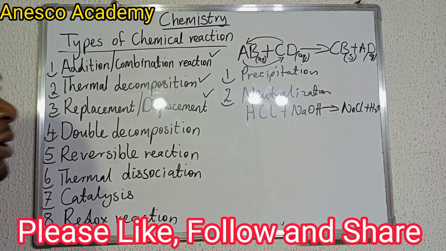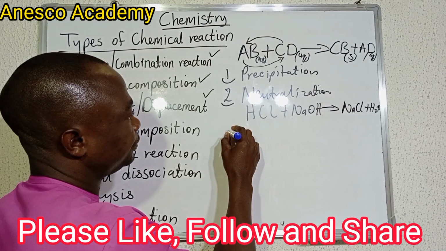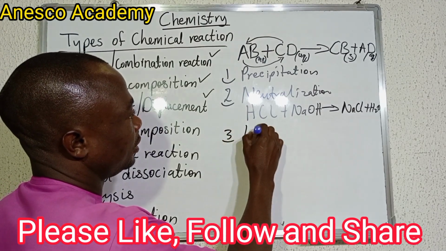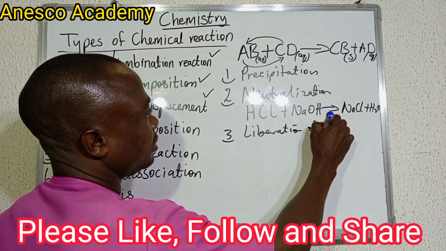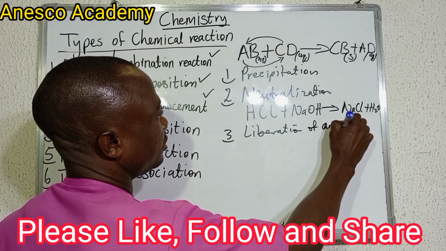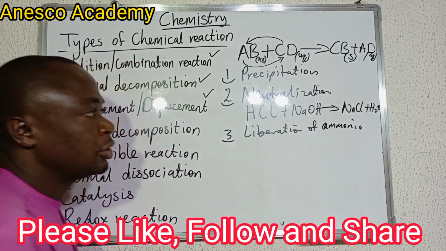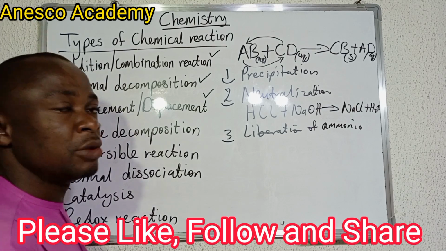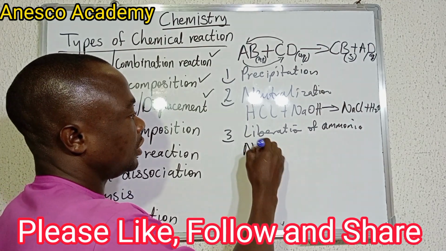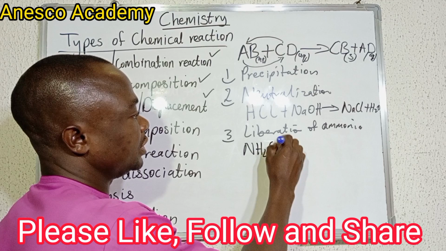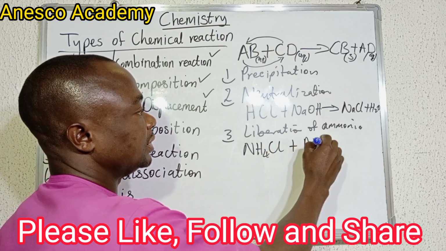Then another one is liberation of ammonia. Now, ammonia is liberated whenever an ammonium salt reacts with an alkali. For instance, if you have ammonium chloride reacting with any alkali, NaCl.